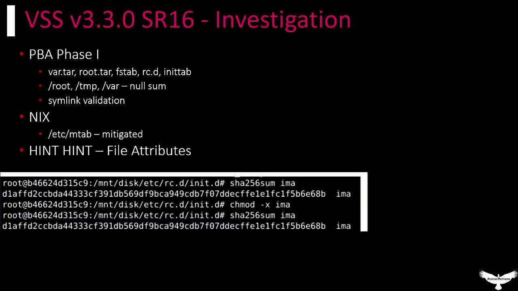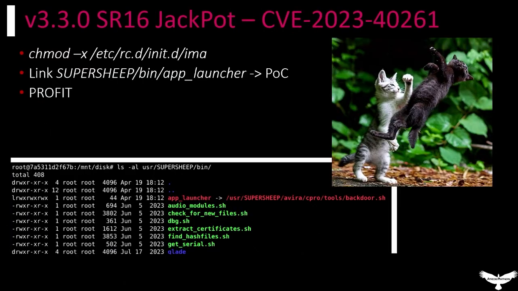And there's one thing that you can do to a file that has no impact on its sum calculation, and that's the file attributes. Remove execute permissions from a file still calculates the exact same sum. And since the whole architecture of the system is based around IMA, let's just remove execute permissions from that and then gain the ability to execute any unsigned code that we want.